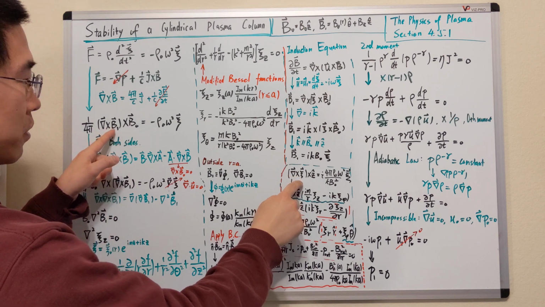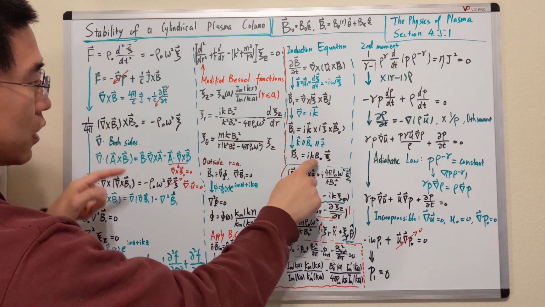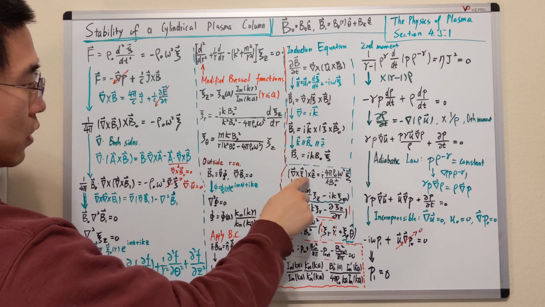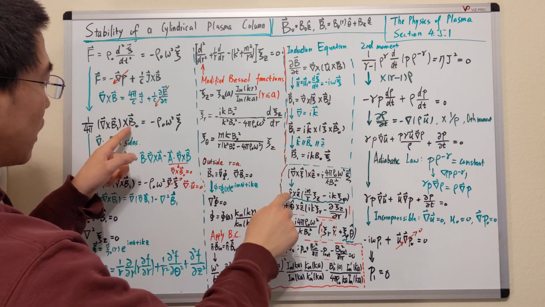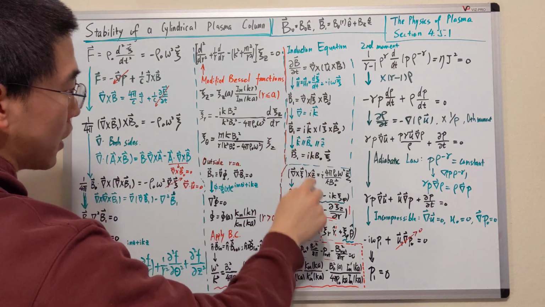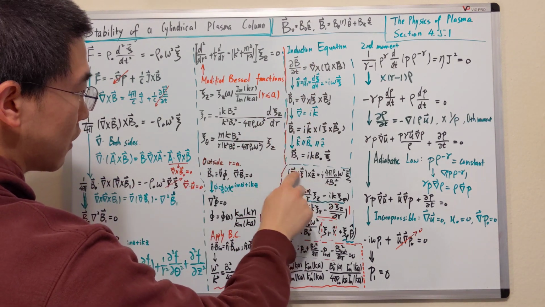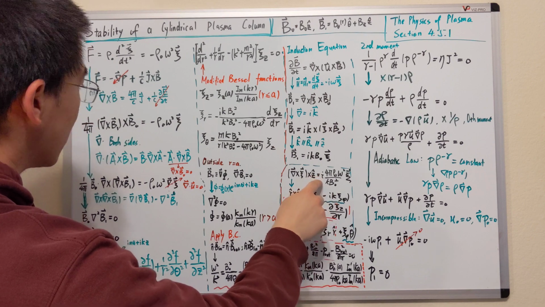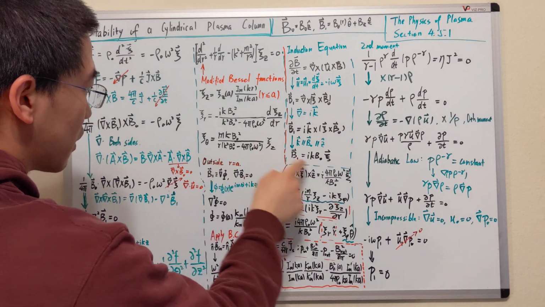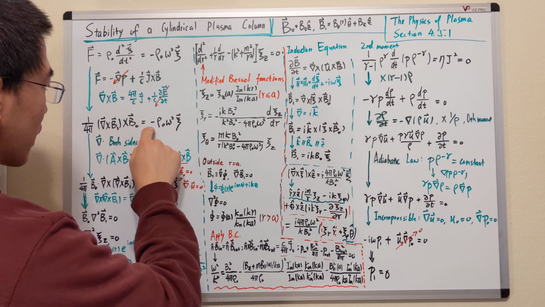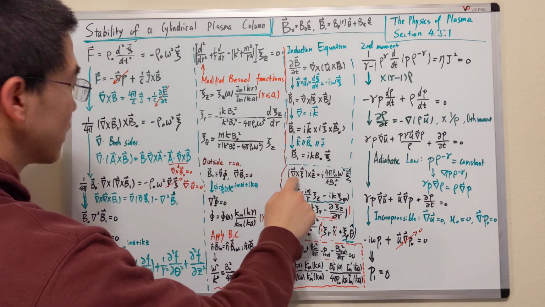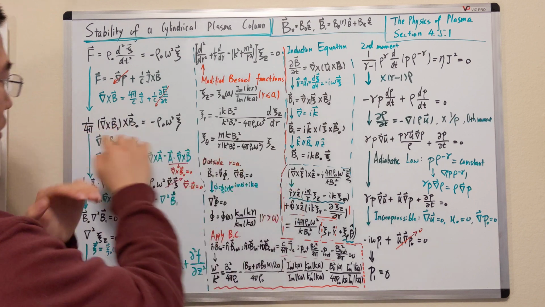See, B1 becomes ik B0 cos c, and B0 becomes B0 z. So then we have k B squared here, and i divided by -1 divided by i here, and that's the same expression as this.